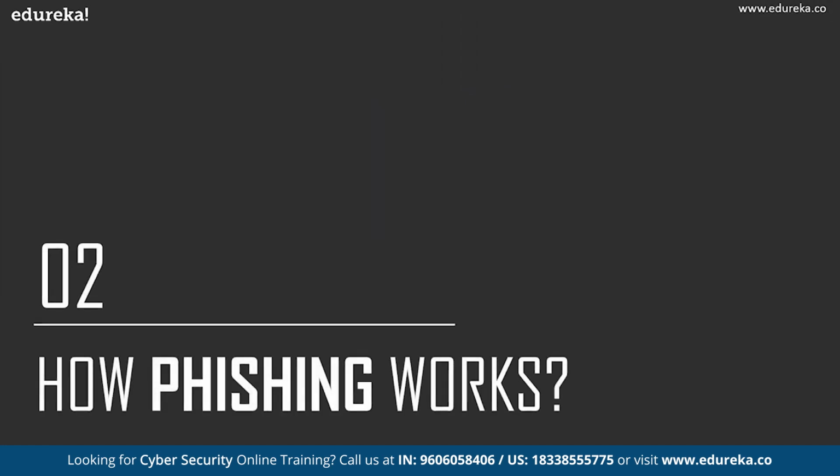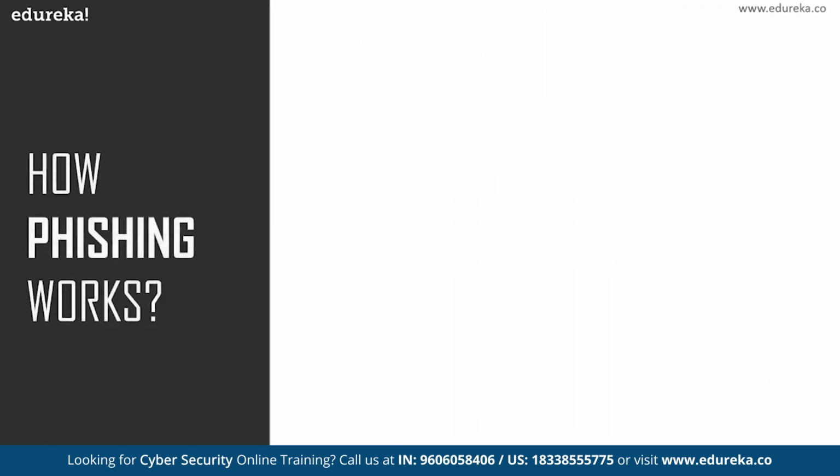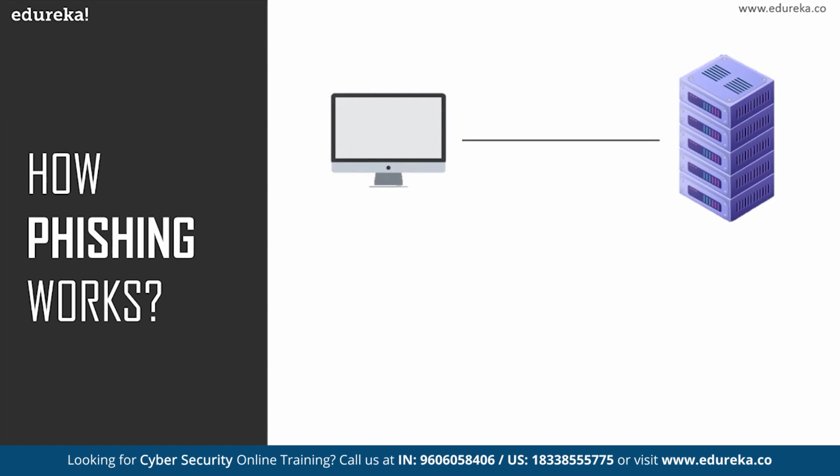Like I told you, phishing is web-based and is mainly used to steal credentials. So we need a web application that is using a web server. Every web application is connected to a web server. When you're using a web application, there is some data, the packets, the information that is being sent from your web application to the web server and from the web server back to your web application. This is how the communication between the web application and the web server happens.